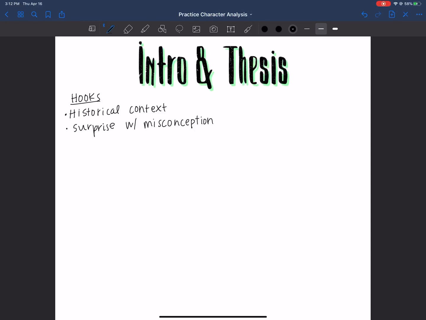And then another thing that I think could be pretty useful is to draw a scene. Not literally, please don't draw on your papers. But what I mean by that is give me something that sounds pretty.